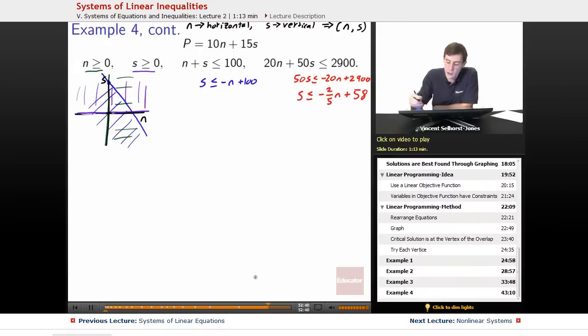And S is less than or equal to negative 2/5 N plus 58, so it's going to start at a y-intercept height of 58, but it goes much less steeply down at negative 2/5. So it goes like that, and it also will allow for the part below it.